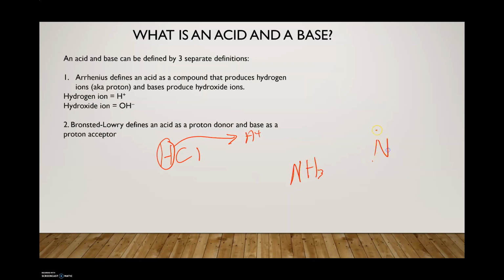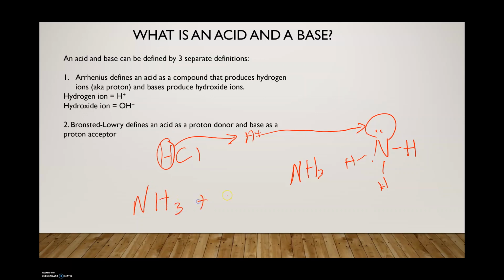So NH3, and this is where the Lewis structure comes back into play, NH3 has this lone pair up on top. If a compound has a lone pair, most likely it could be a basic compound, because what will happen is this hydrogen will attach here. So the NH3 compound will accept the hydrogen from the HCl. And if we talk about NH3 in water, now water is unique.